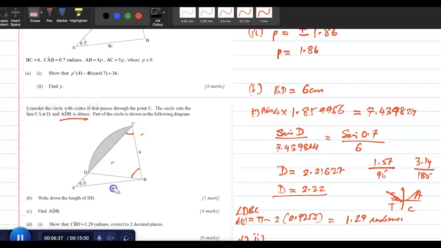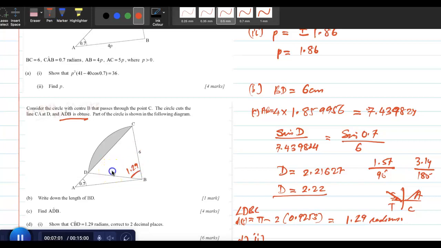Now I'm just focusing on this sector. This is not 2.22, sorry, it's 1.29. We got 2.22 for the other one. So we know this is 1.29.